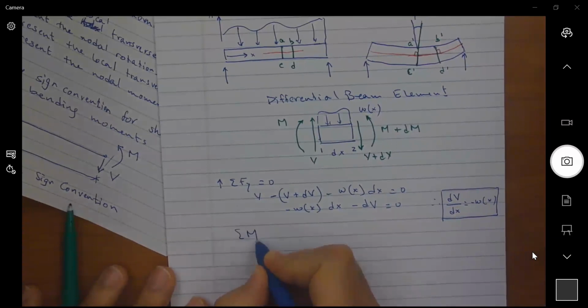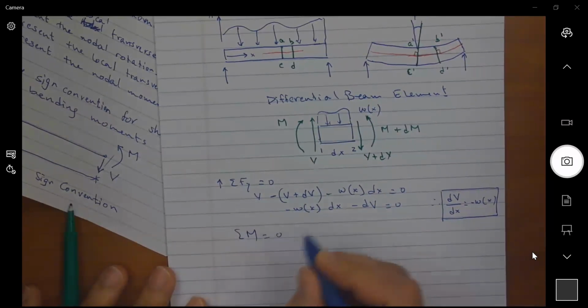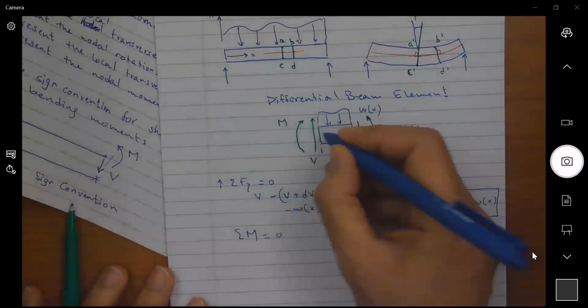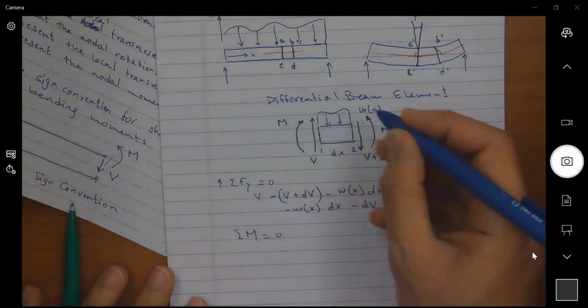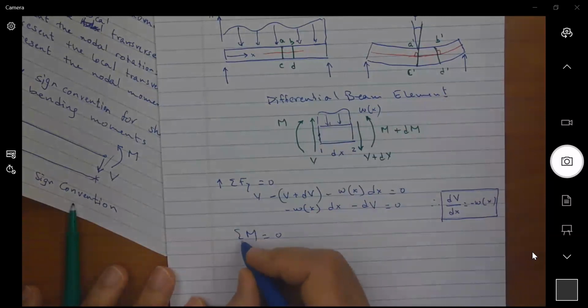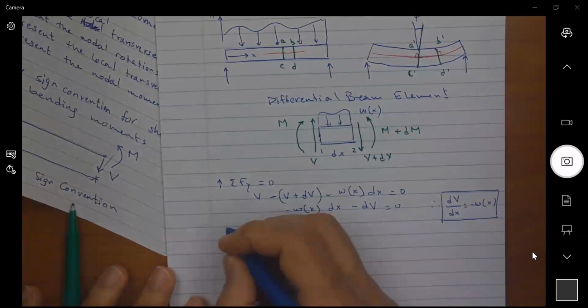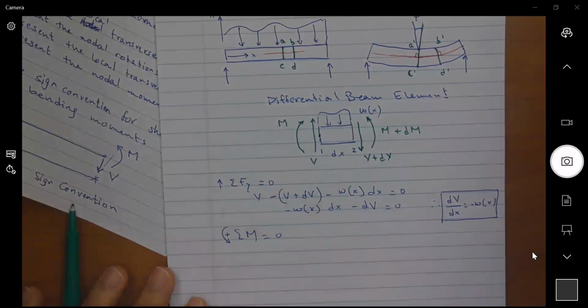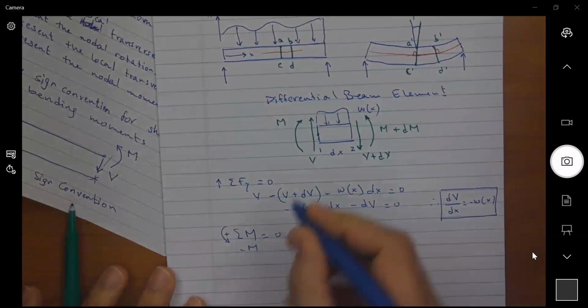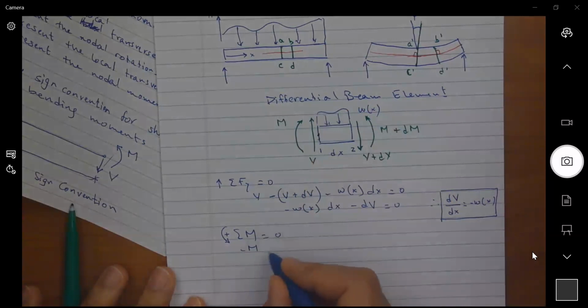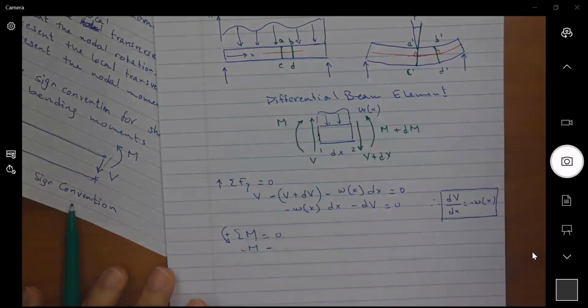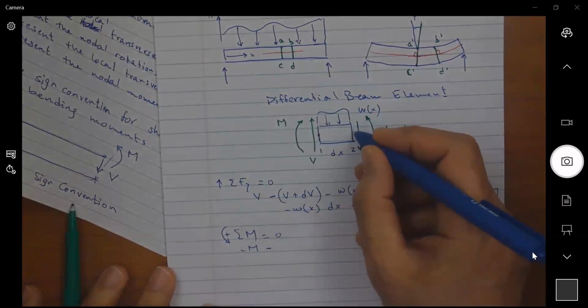Next, if I do the sum of the moments equal to 0 for this infinitesimal element, I can take that sum of the moments about either point 1 or point 2. Let's say we're going to take counterclockwise as positive, and I'll be taking the moments about point 2.